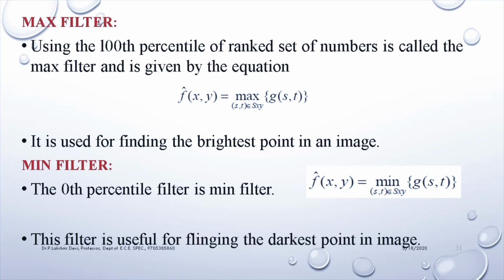We denote it as f cap of xy equals min of g of st, where st belongs to Sxy. This filter is useful for finding the darkest point in an image, because we are replacing all the pixels with these min values. It is very easy to extract the darkest point in an image with this min filter operation.